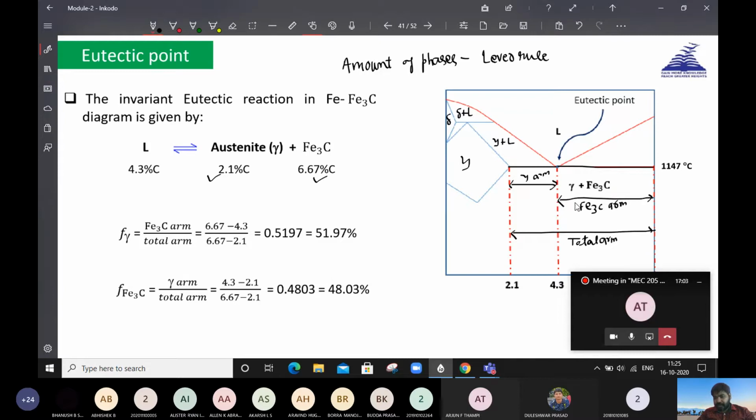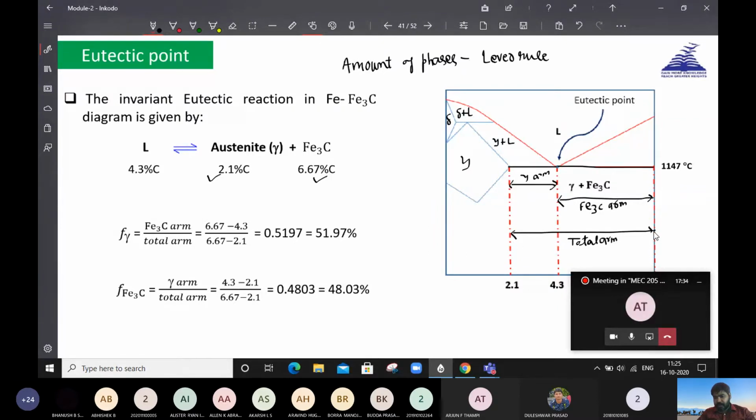So what will be this distance? Fe3CR is equal to 6.67 minus 4.3. Correct. So this distance is 6.67 minus this distance, and that is 6.67 minus 4.3 divided by the total arm.